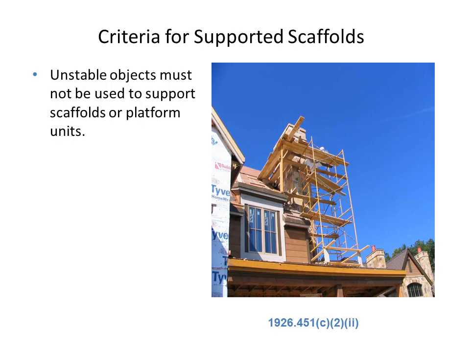Unstable objects should not be used to support the scaffold or platform units. Always remember in any construction site, when we fix the scaffold, we should not use any unstable objects.